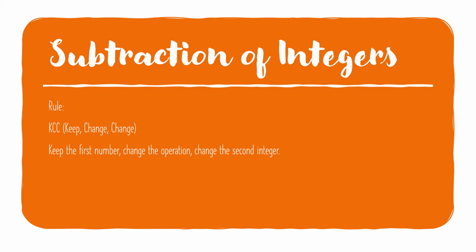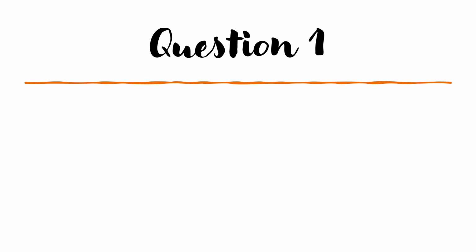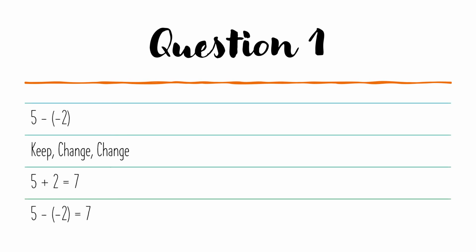Now we are going to learn subtraction of integers. The rule for this is KCC, that is keep, change, change. So you have to keep the first number, change the operation, and change the second integer. Now question 1. So the answer is also with the question. So you can keep along. 5 minus negative 2.